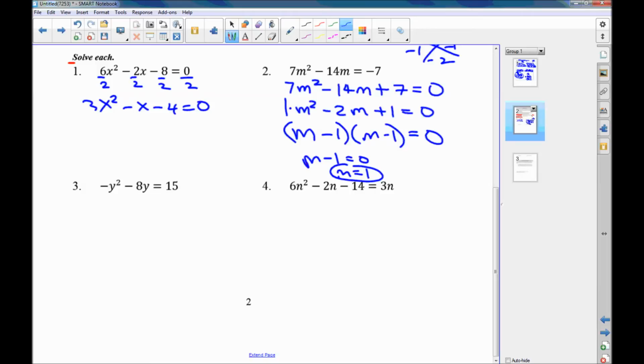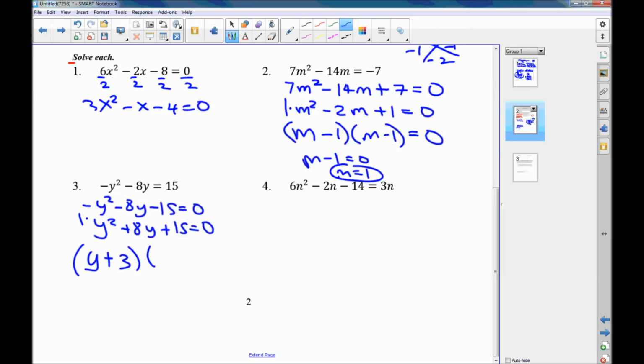All right, number 3. So I'm going to move the 15 over. I get -y squared minus 8y minus 15 equals 0. If I divide everything through by a negative, it's really nice. Change all of these to positive. And also now I have a leading coefficient of 1. So the two things that multiply to 15 and add to 8 are 3 and 5.